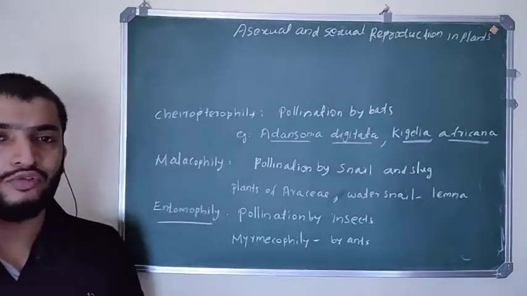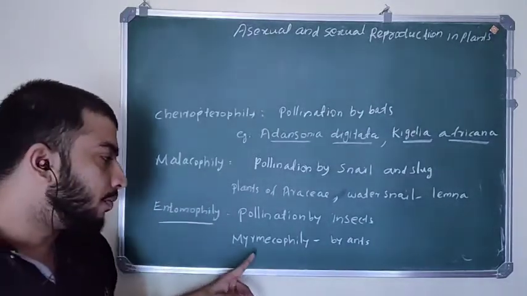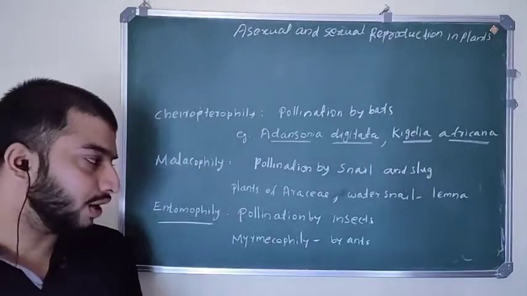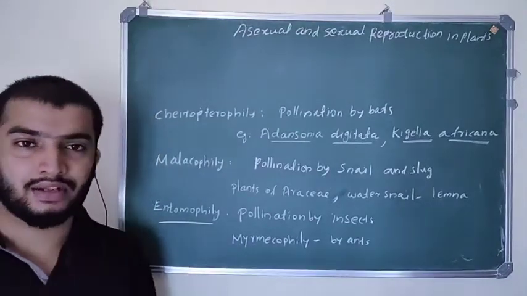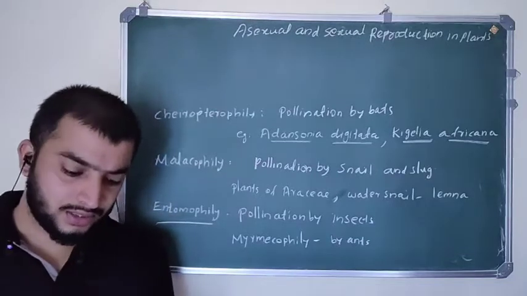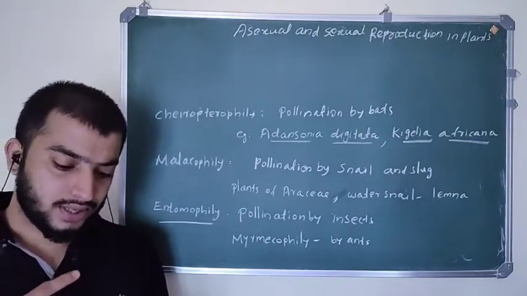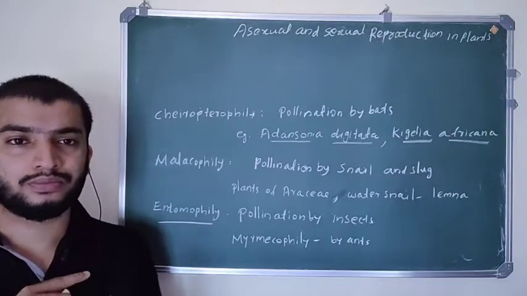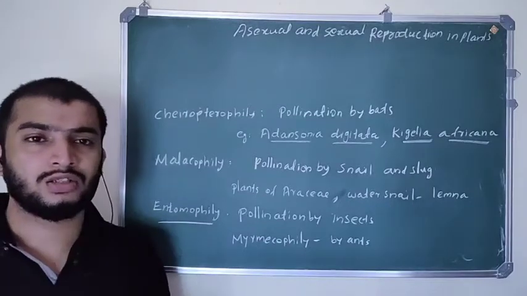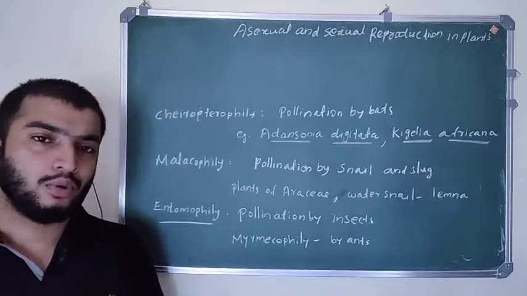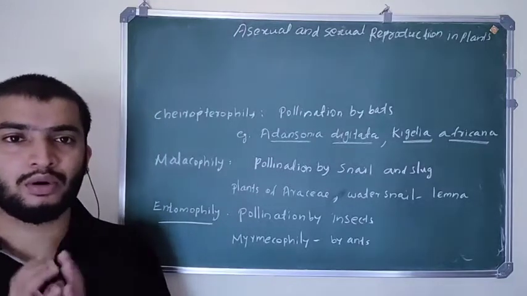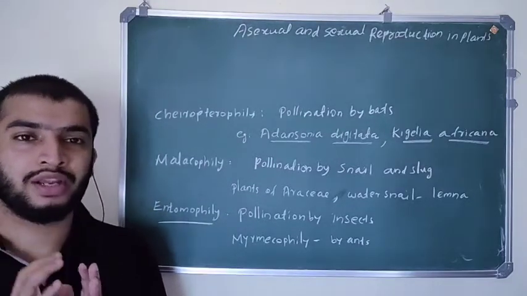Pollination with the help of ants is called myrmecophily. Insects, butterflies, honeybees, and also wasps help in pollination. Honeybees are very important as pollinating agents.